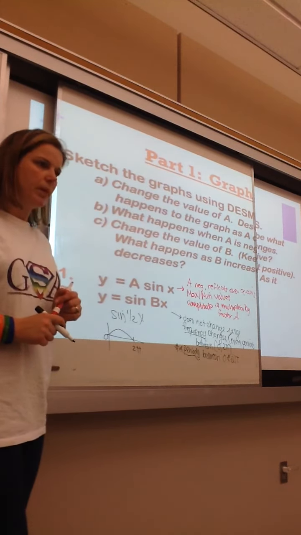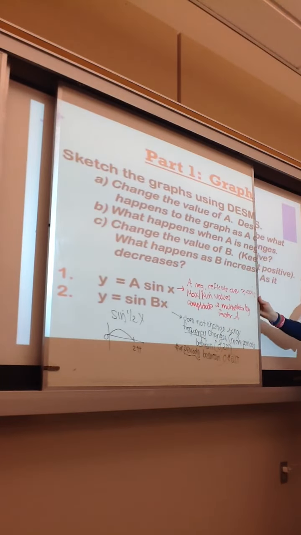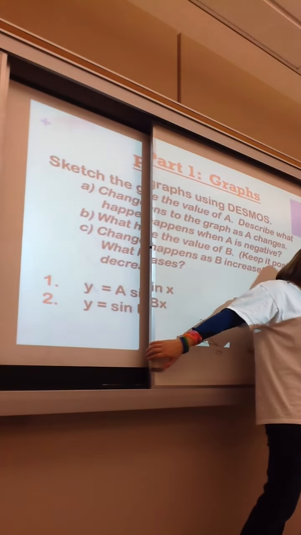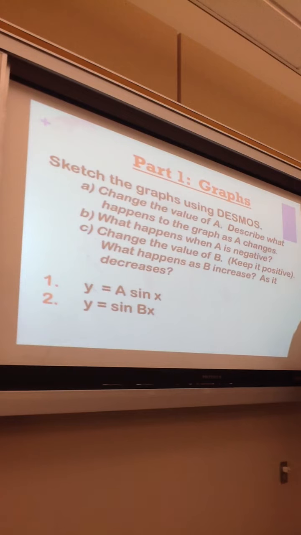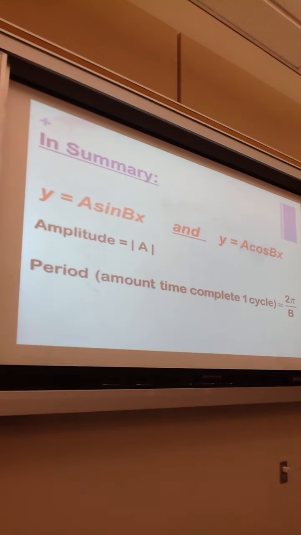Are we good? Okay. Let's put them all together in terms of one equation that puts the a's and the b's together. In summary, we have these two things that we just talked about. Y equals a sine bx or cosine.